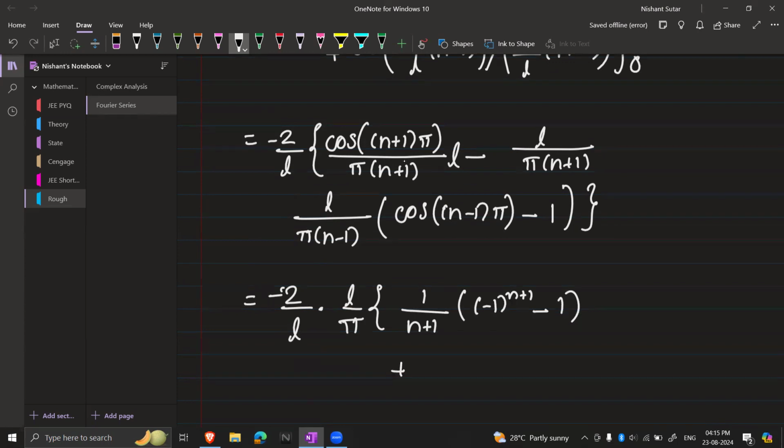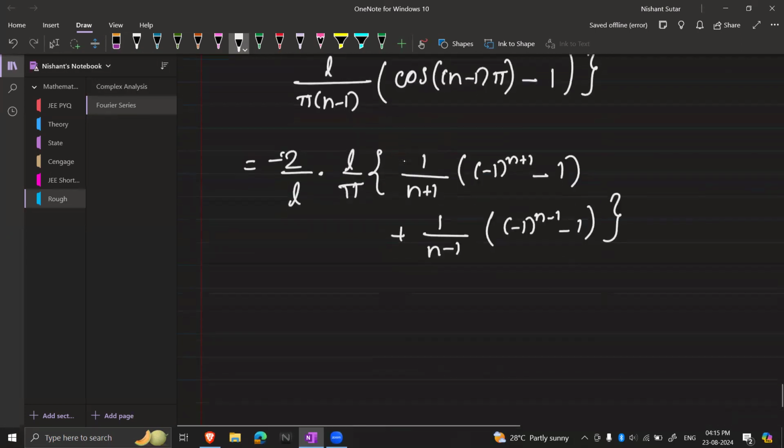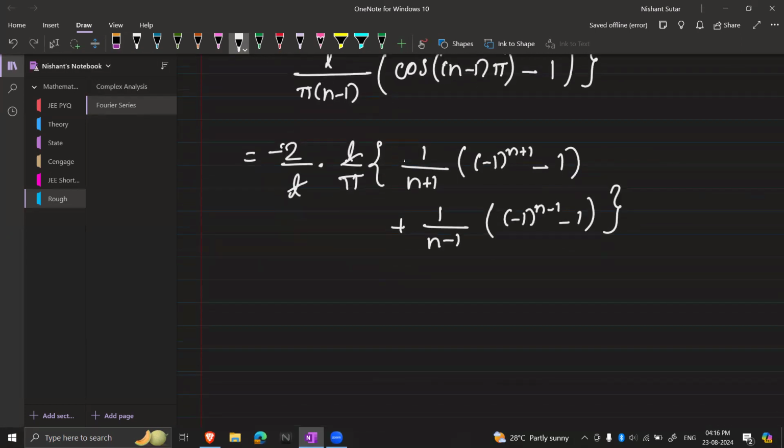And for the second bracket, we remain with 1 upon n minus 1 into minus 1 power n minus 1 minus 1. Minus 1 power n plus 1 and minus 1 power n minus 1 will both be the same for every n. So L and L will get cancelled. I will write 2 by pi, and I will take that minus inside.